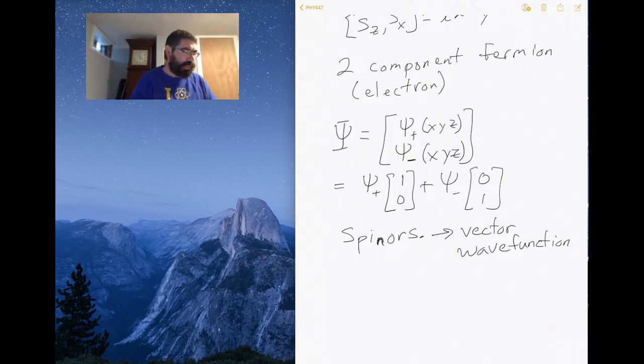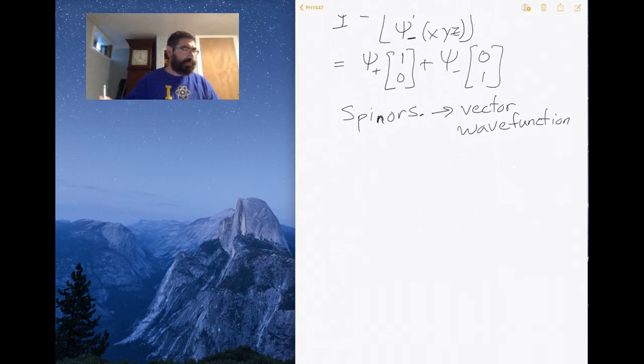Now if we want to operate on this spinor, we could consider something like the linear momentum operator. Say there's no orbital angular momentum, and so we just have the momentum operator operating on our wave function.